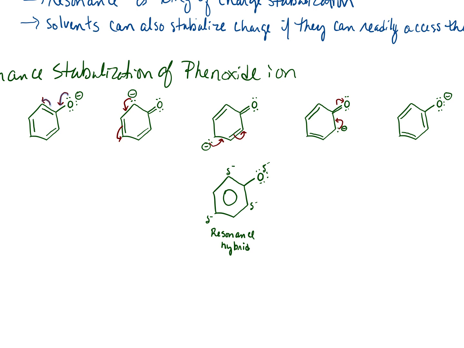What that allows us in the end is to see that most of the negative charge is still going to be on that oxygen because there's two resonance structures with a negative charge there. But we also have resonance structures with negative charges at other locations. The hybrid would have partial negative charges at those locations as well. Not all locations, specific locations.